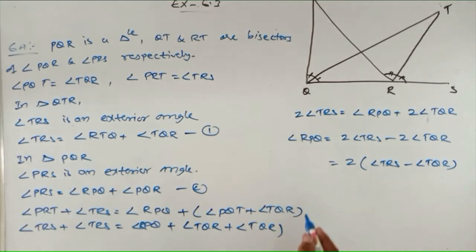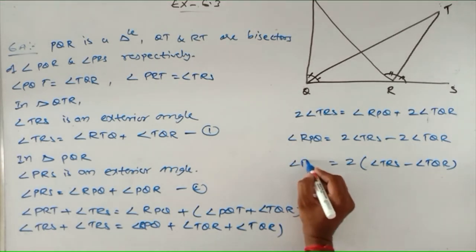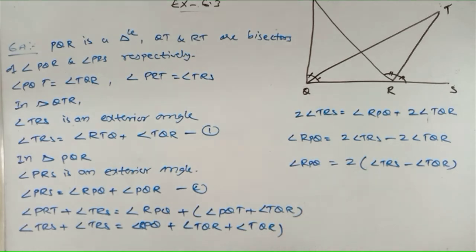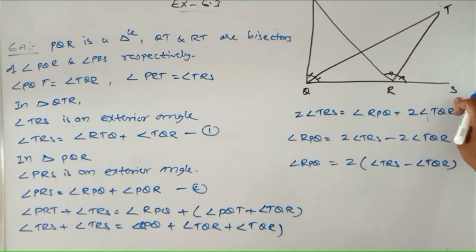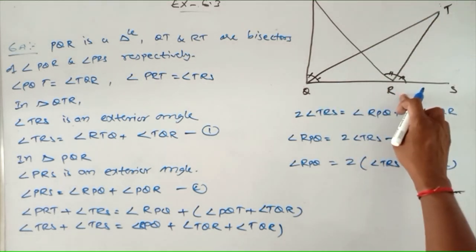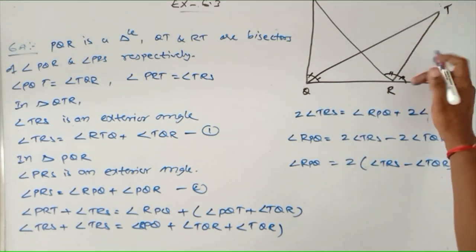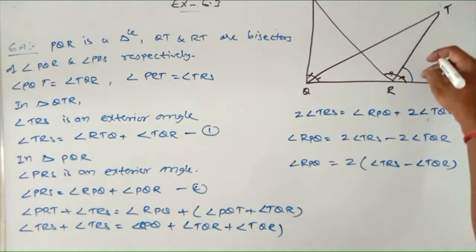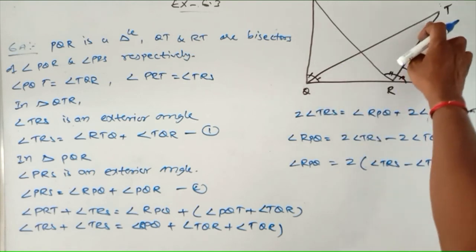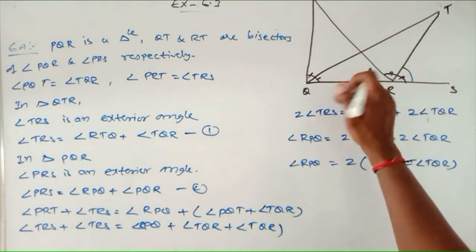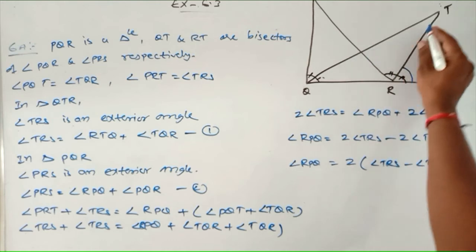But see here, the difference of an exterior angle and one interior angle is equal to the other interior angle. TRS is an exterior angle, so TRS minus angle TQR is equal to this one, yes or no? For example, if the exterior angle is 100 degrees and one interior angle is 30 degrees, the two angles add up to 100, so 100 minus 30 is 70.